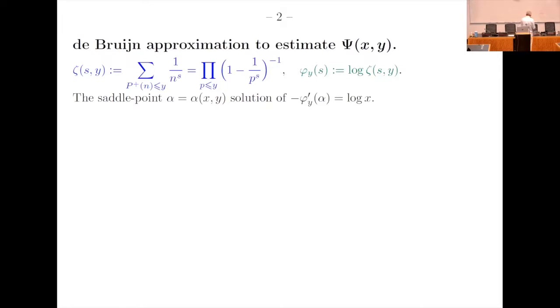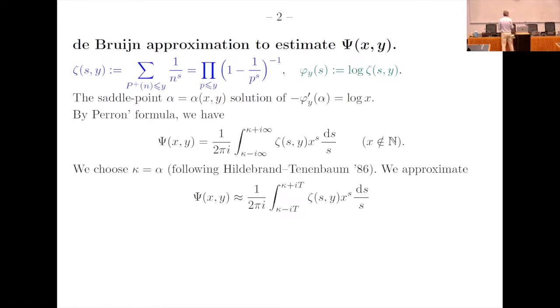And as you know, if you want to estimate the integral in the Perron formula, you need to choose carefully the abscissa of integration, kappa, and you will choose kappa equal to alpha, the saddle point, which is the solution of this equation: minus the derivative of phi y of alpha equals log x.